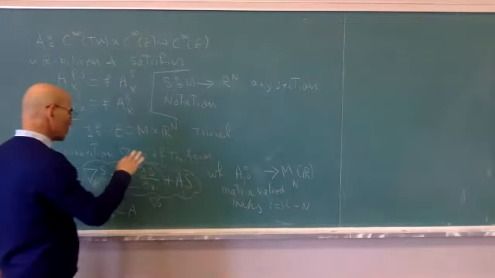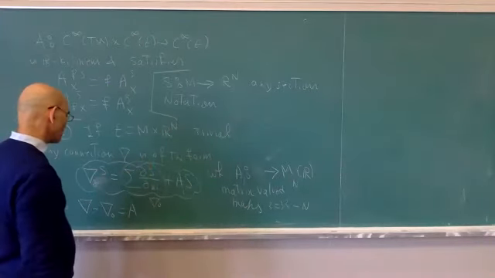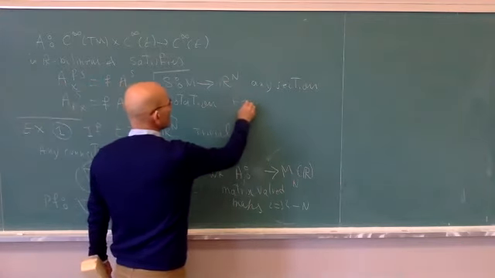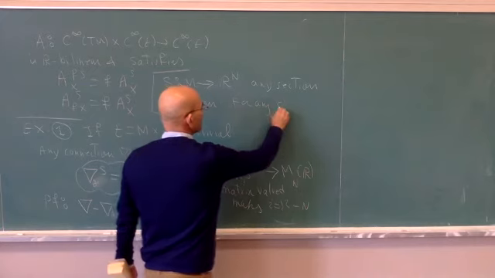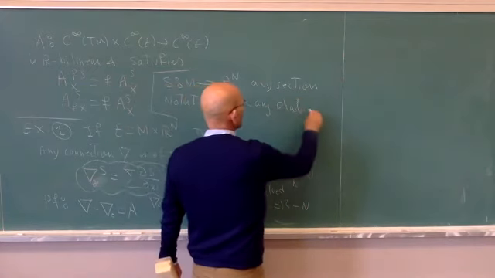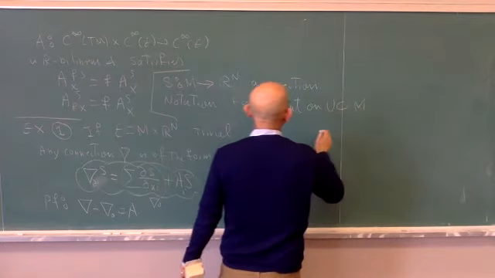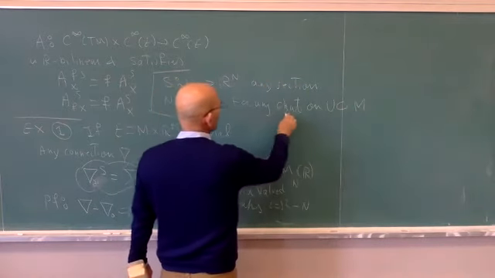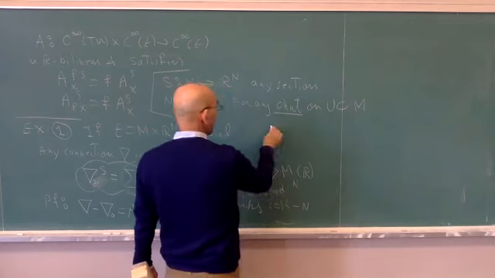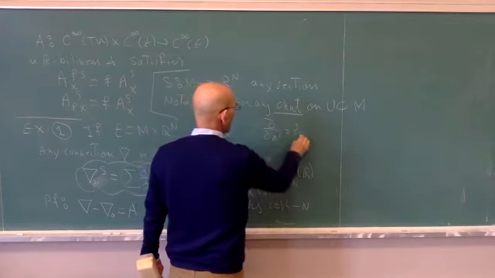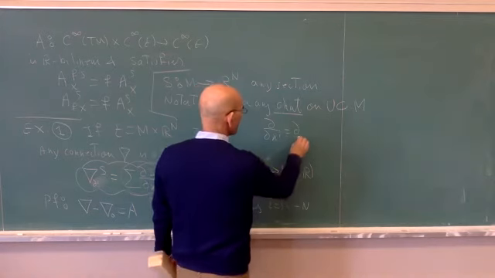If you have a coordinate chart, for any coordinate chart on U inside M, then there is a basis ∂/∂x^i, which we denote by ∂_i, I suppose.